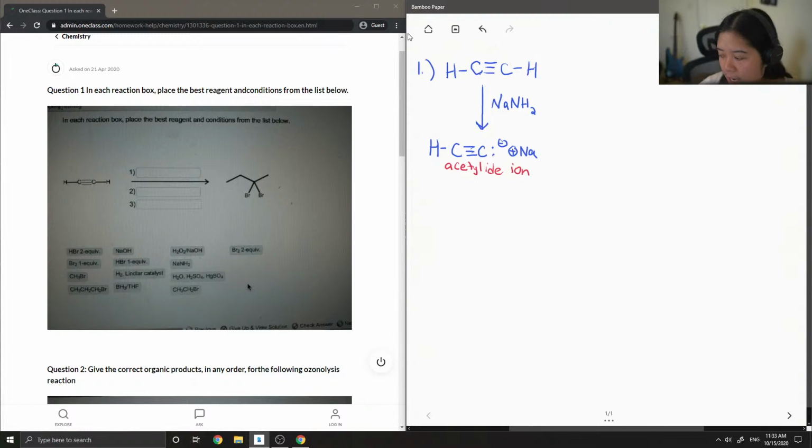Okay, so when you react this sodium amide with the triple bond, you get this acetylide ion. This is actually an excellent nucleophile.